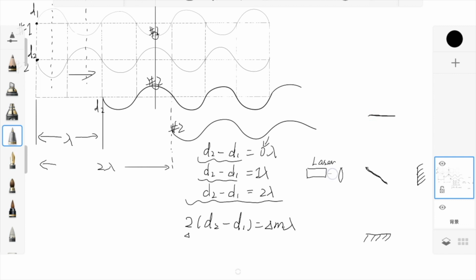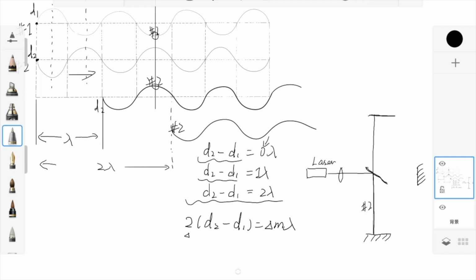And the laser comes to here, hits the beam splitter, comes to the mirror, then reflects back and goes to the viewing screen directly. This is laser number 2.